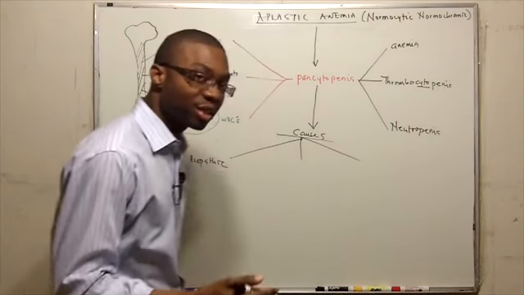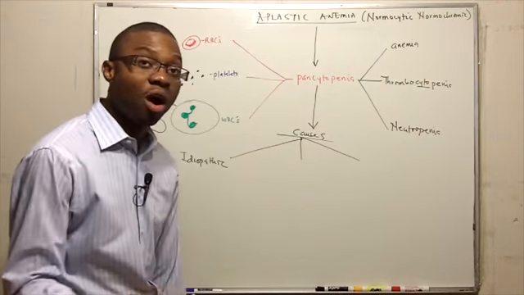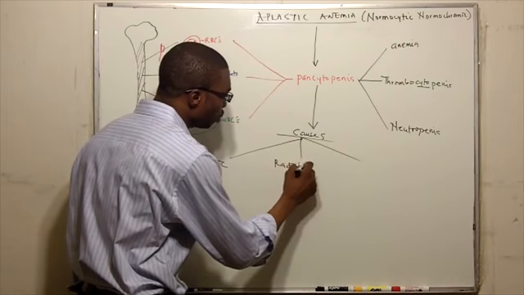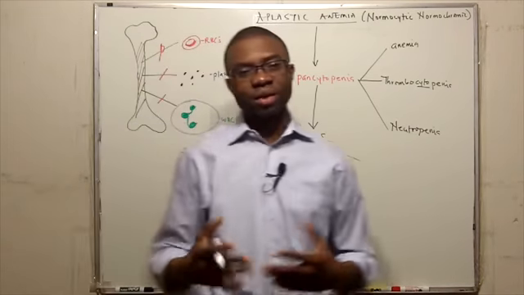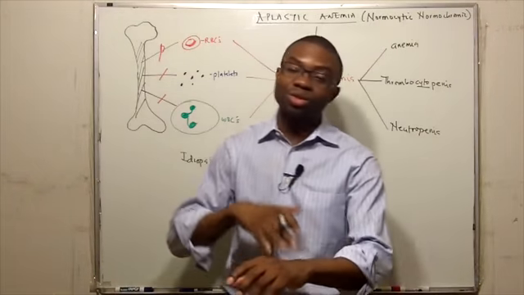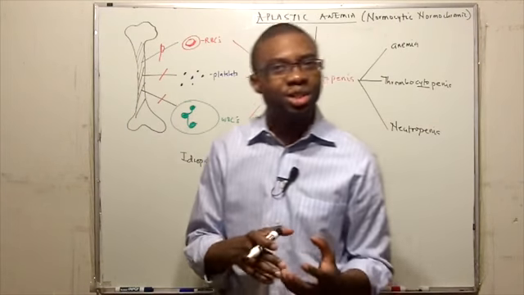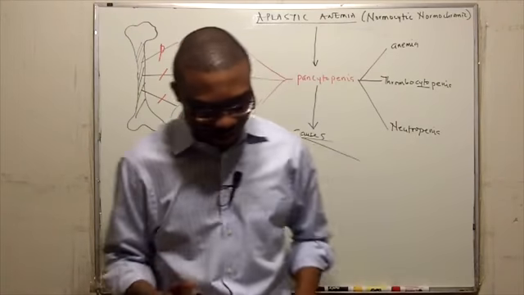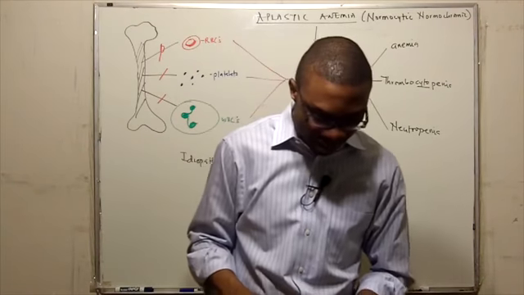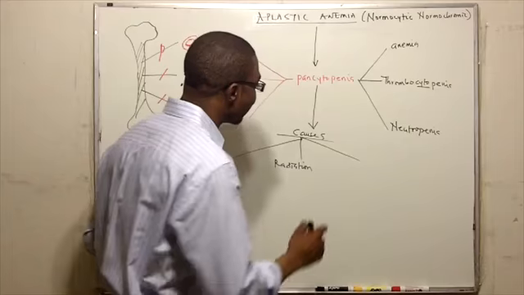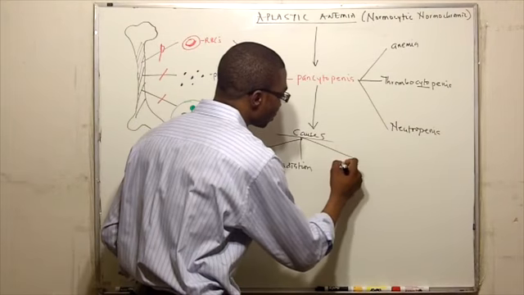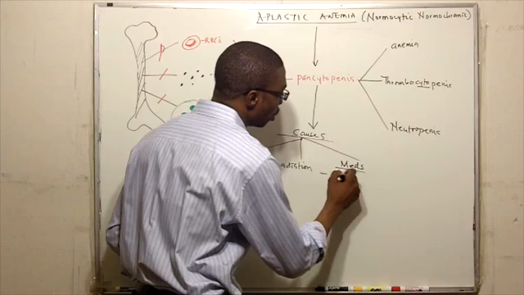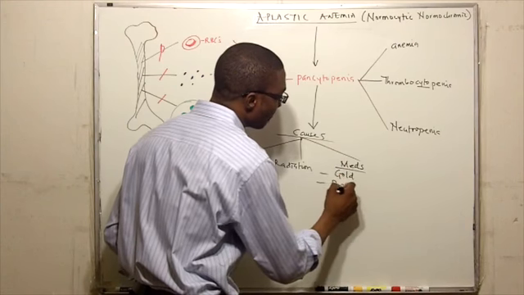But there are other things that are associated and can cause aplastic anemia, like radiation. Ooh, you don't want to be radiated. If you have cancer and you're getting a lot of radiation to the bone marrow, it's like shooting and killing the cell lines. They can die and you can develop aplastic anemia. What about medications? What meds usually fall under this? Gold.